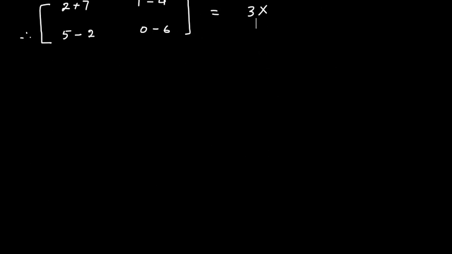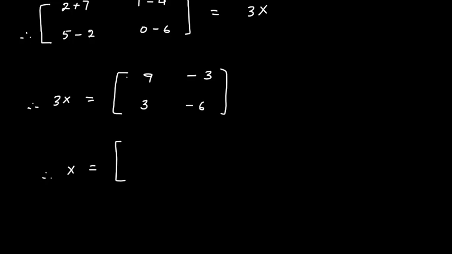So therefore we can say that 3x is equal to, now this 3x I am writing in left and this whole term on right side. So 2 plus 7 is 9, 1 minus 4 is minus 3, 5 minus 2 is 3, and 0 minus 6 is minus 6. So this is 3x, and this will give me x is equal to, I will divide by 3, right?